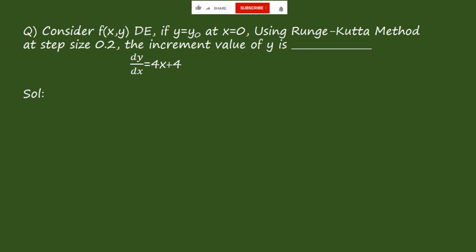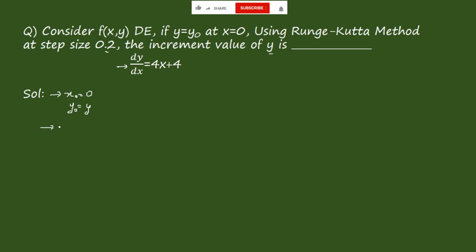The question is, consider the differential equation dy by dx is equal to f of x comma y, with y equal to y naught at x equal to 0, using the Runge-Kutta method with step size 0.2, find the incremented value of y. They are given the differential equation dy by dx is equal to 4x plus 4. They are given the initial condition, x naught is equal to 0 and y naught is equal to y.